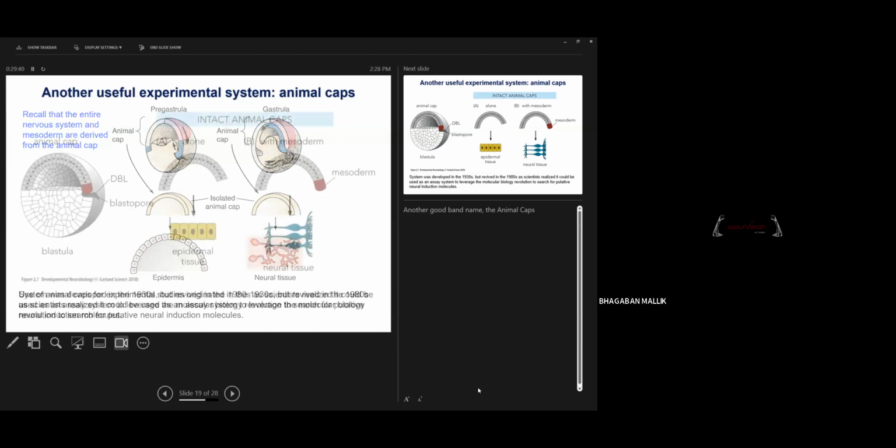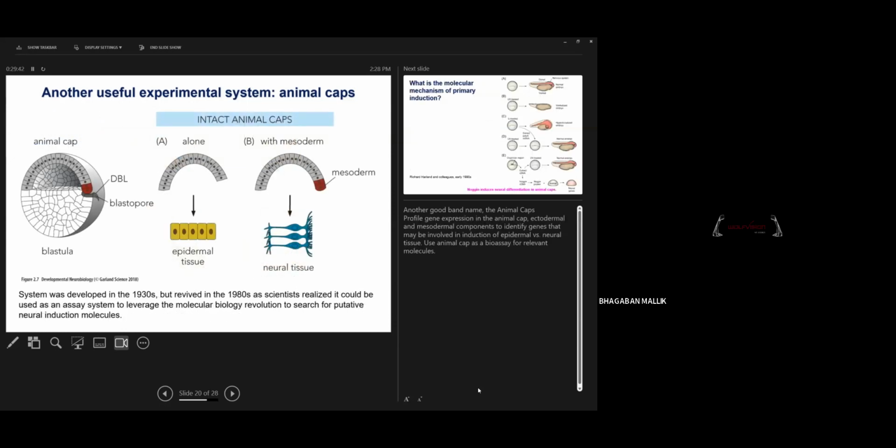Okay. Now, another experiment they have also done. Here, this is the DBL, dorsal blastopore lip. This is a developmental stage of the amphibian embryo. This is the blastopore, this is a blastula, and you have the animal cap.